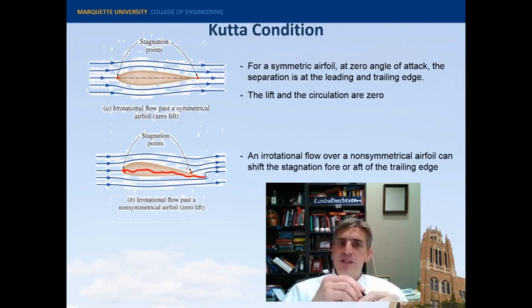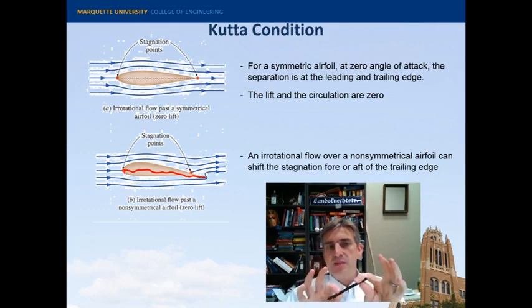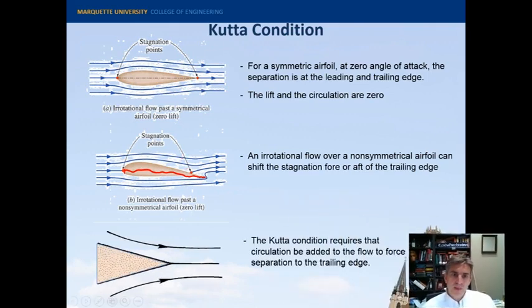So the Kutta condition says that that stagnation line should be at the trailing edge, and not only does it need to be at the trailing edge, but it needs to be aligned to the chord line. So it needs to look something like this, right?